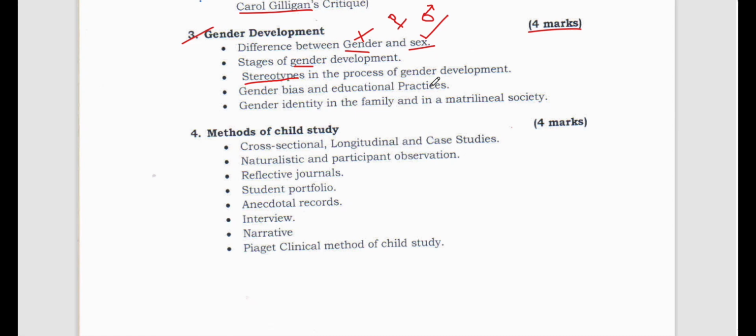All right. Now, gender bias and educational practices. What is gender bias? Gender bias means, suppose a teacher A favors the girl child of the school, but does not favor the boys.